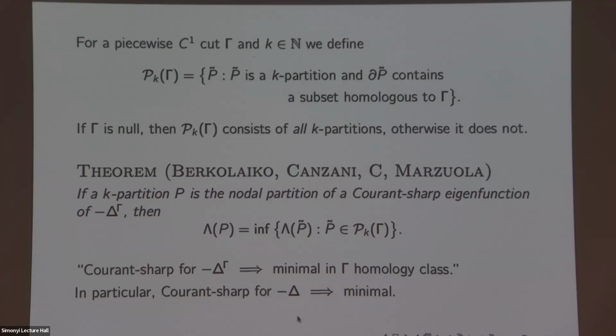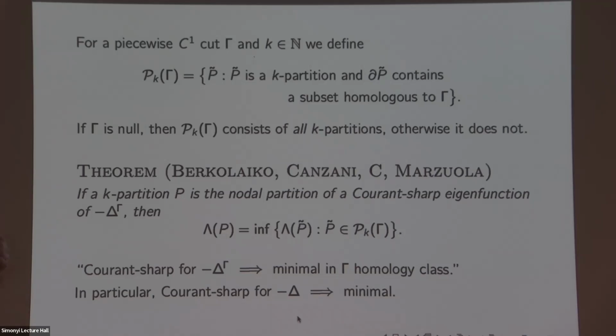Just pick the empty set. And so if gamma is null, then this is actually the set of all K partitions with no restrictions on their structure at all. On the other hand, if gamma is not null homologous, then this is actually a genuine condition, and this will be a proper subset of the set of all K partitions.